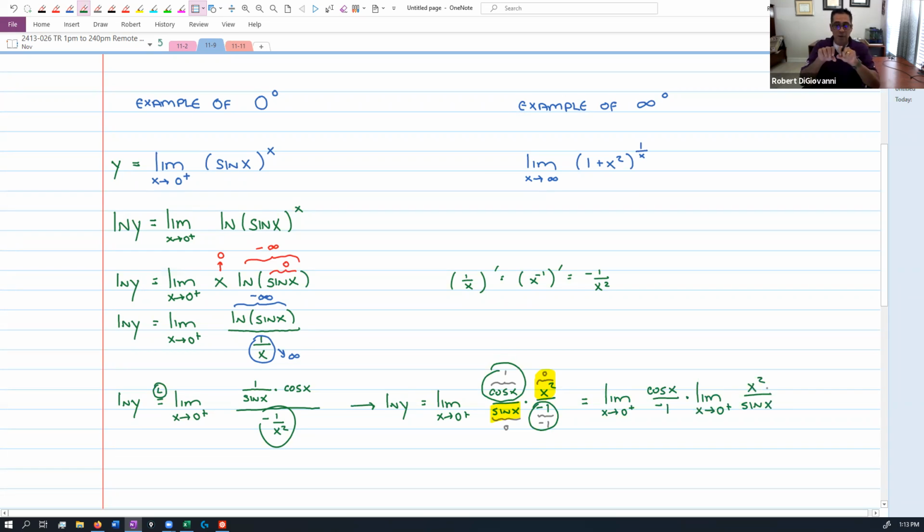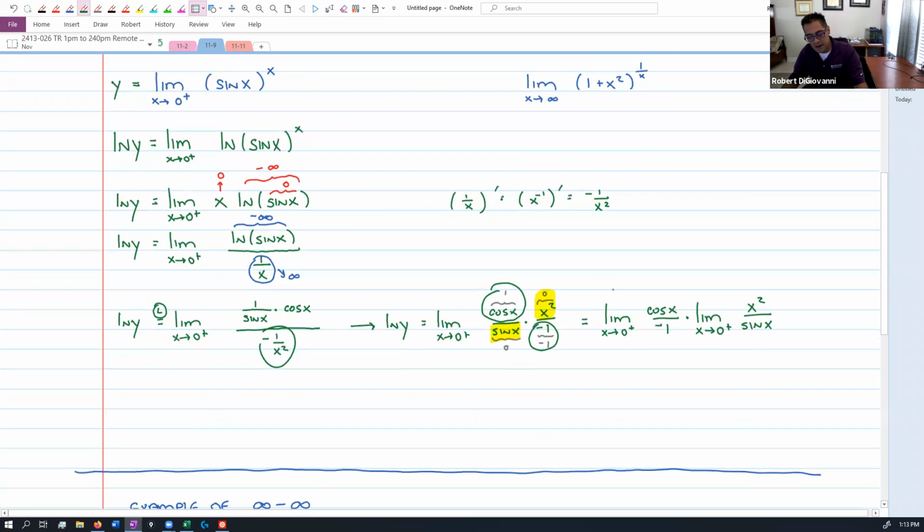You are allowed to split limits up like this. If there's multiplication between things, you can split it into multiple limits with multiplication between them. That's something you can't do with derivatives, right? If you take the derivative of a product, you have to use the product rule. But when you do a limit of a product, you can do the product of the limits. You can split it up.